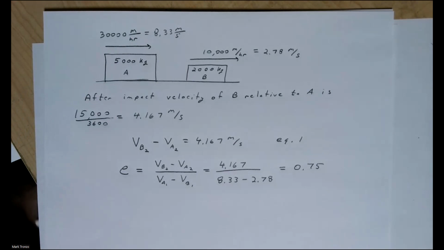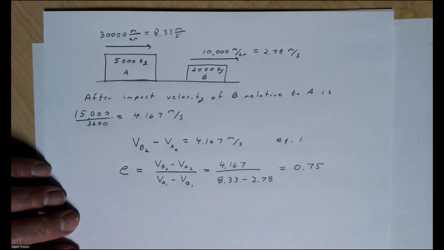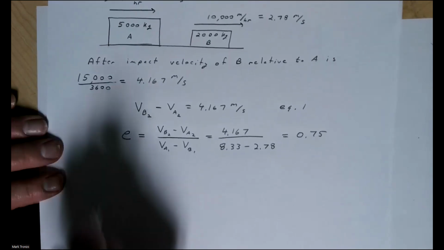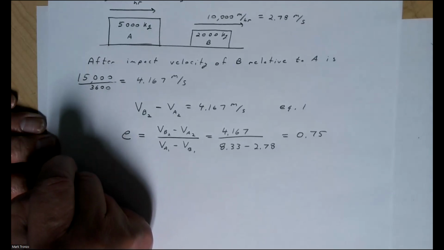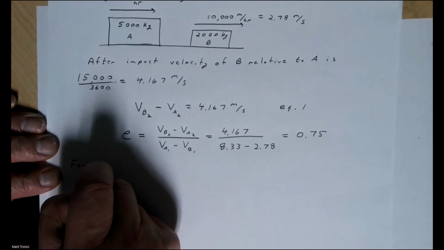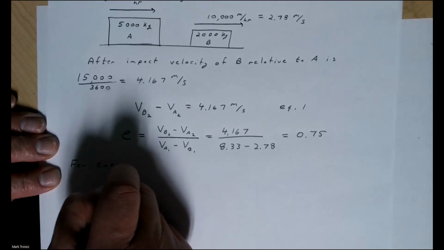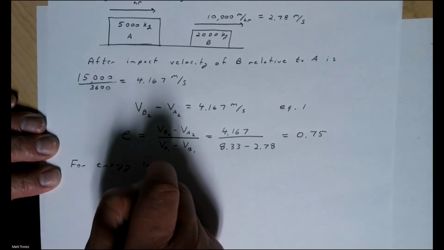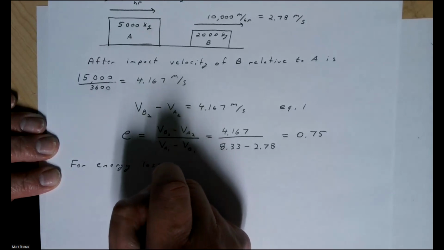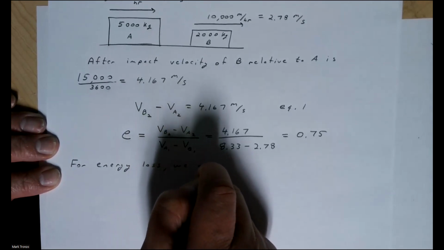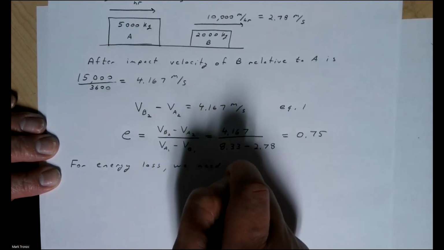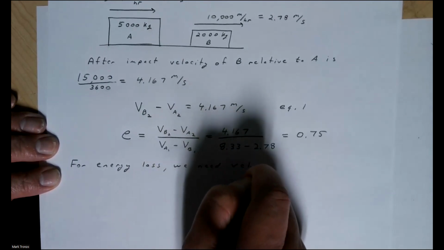So now we want to find the energy loss. But first, we need to find velocities if we're going to calculate the energy loss. So for energy loss, we need velocities.